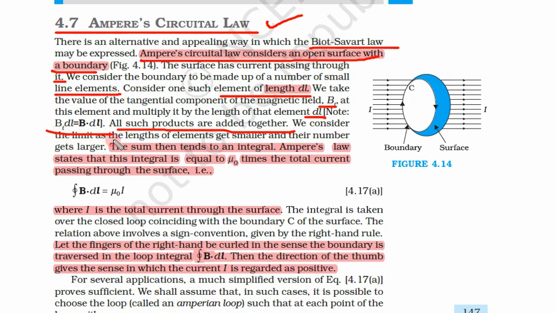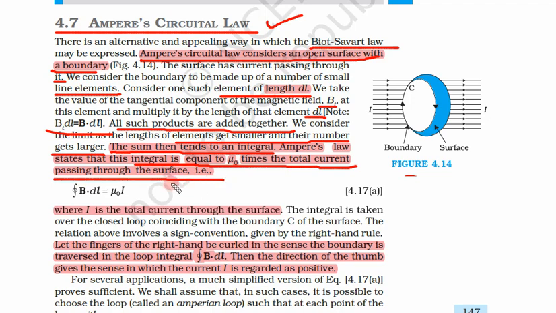We consider the limit as the length of the elements gets smaller and their number gets larger. So again this dl is getting smaller and smaller, and their number is getting larger and larger. At last the sum tends to be an integral. Ampere's circuital law states that this integral is equal to mu naught times the total current passing through the surface.